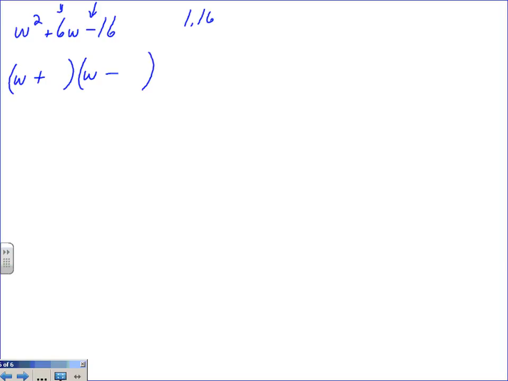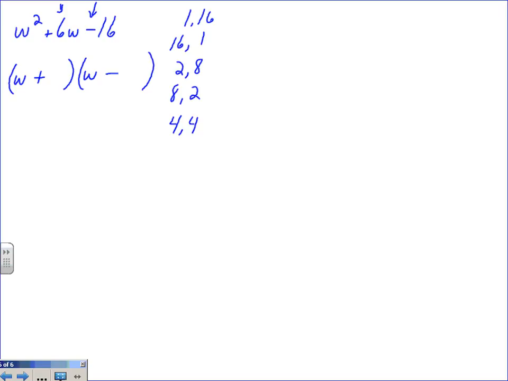I don't think so. 16 plus 1 or 16 minus 1? No. And it's not going to be 16 and 1 either. So let's try 2 and 8. 2 times 8 is 16. Maybe it's 8 and 2. The other choice I have is 4 and 4, but I'm not going to be able to get a 6 out of 4 and 4.